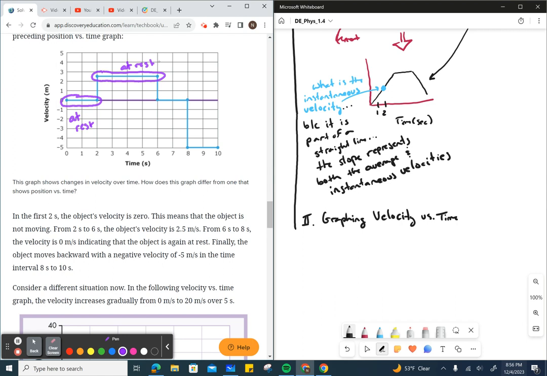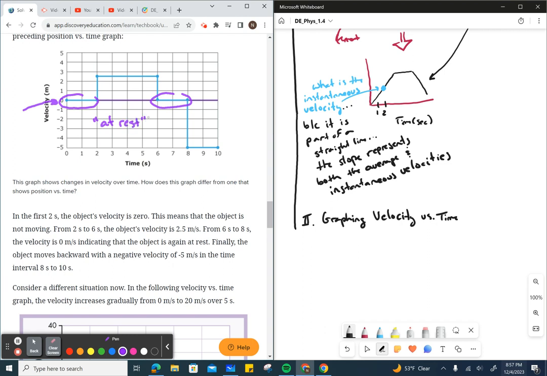I'm sorry about that. Let's actually take our eraser and let's do that. Okay, so we have this is at rest and this is at rest. And the reason why is because we're looking at this value right here, 0, right? So these are at rest.